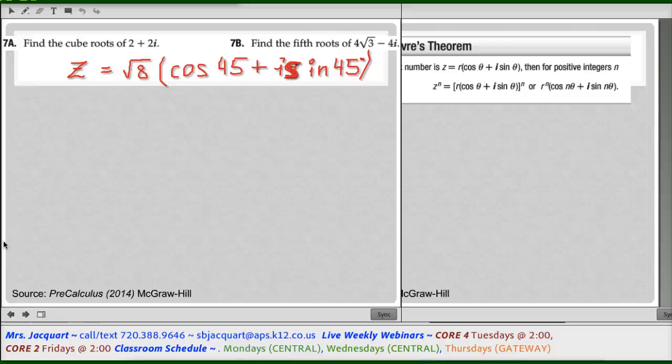Okay, so if we want to take the cubed root of it, cubed root is the same thing as putting stuff to the 1/3 power.